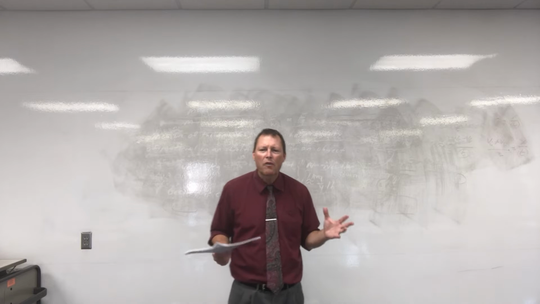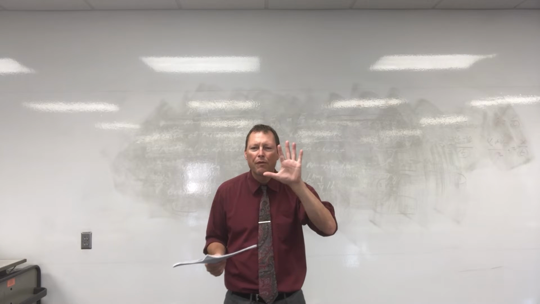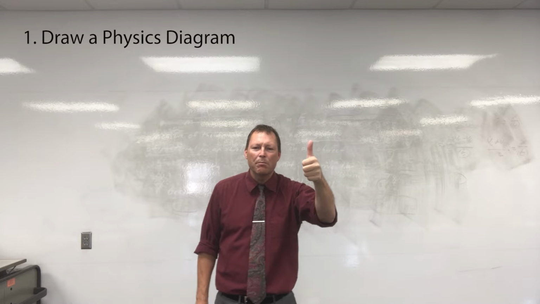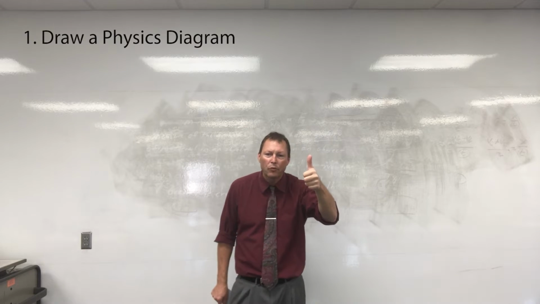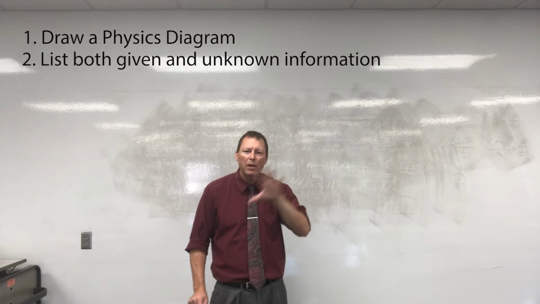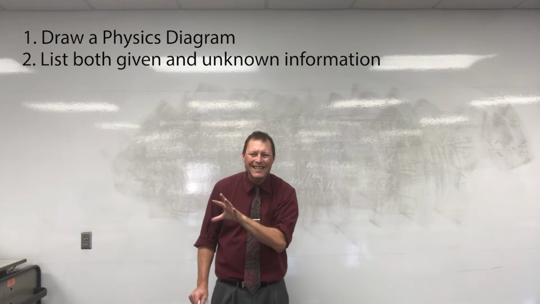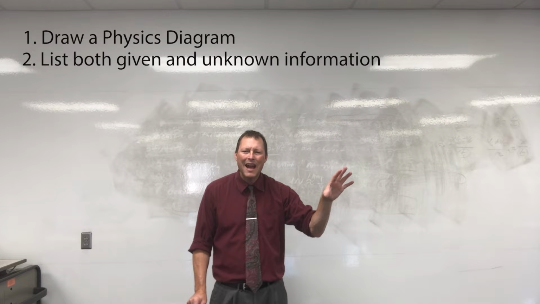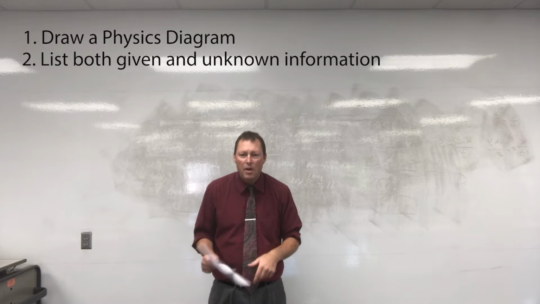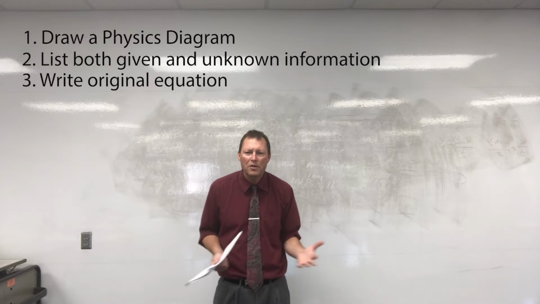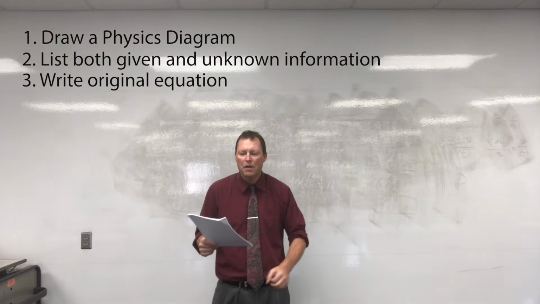Whenever I solve a problem, I like to include 5 things. Number 1, I like to draw a simple physics diagram. Number 2, I like to provide given and unknown information in the proper place on the diagram. Don't just list it. That doesn't help you solve the problem. Write it on the diagram where it belongs. Number 3, an original equation, an equation that another scientist would recognize in that form.